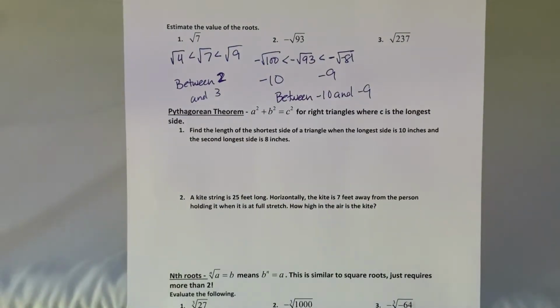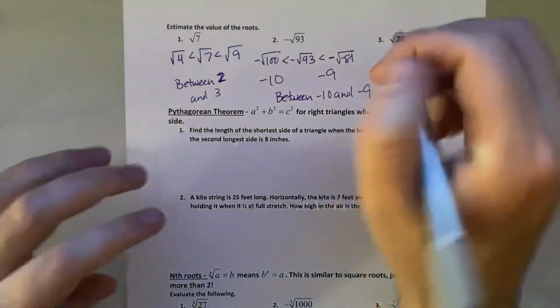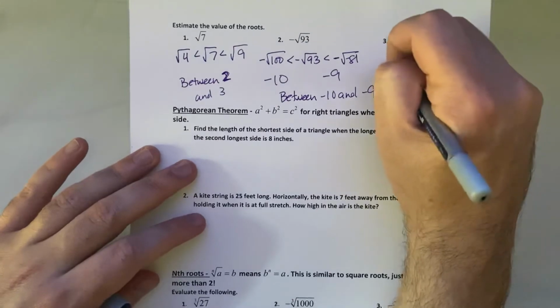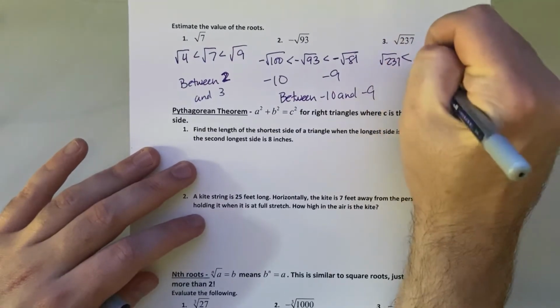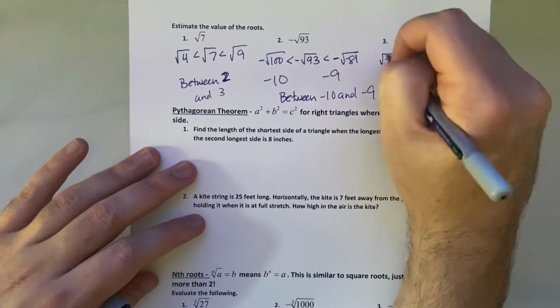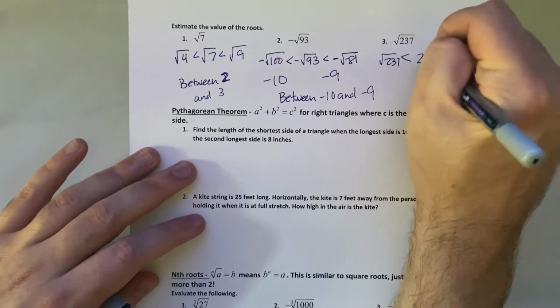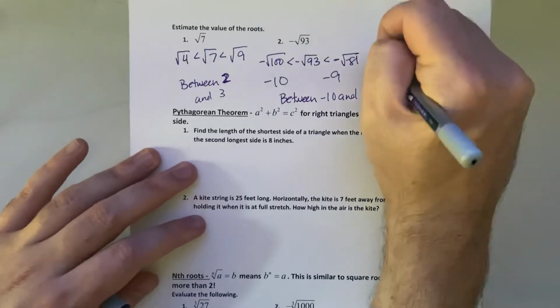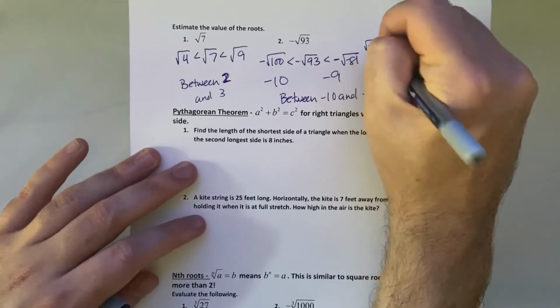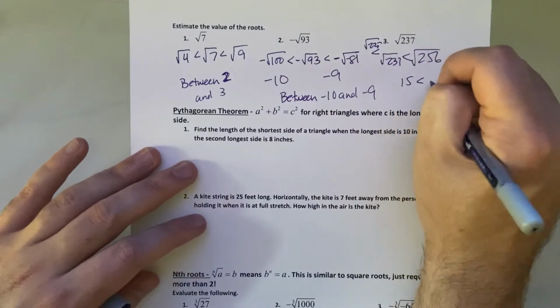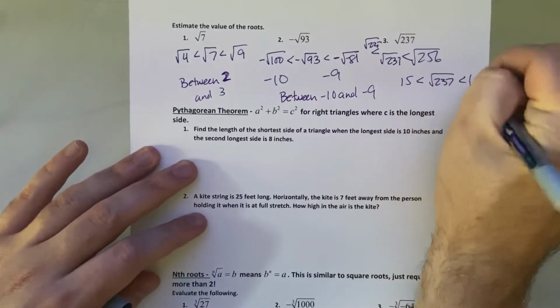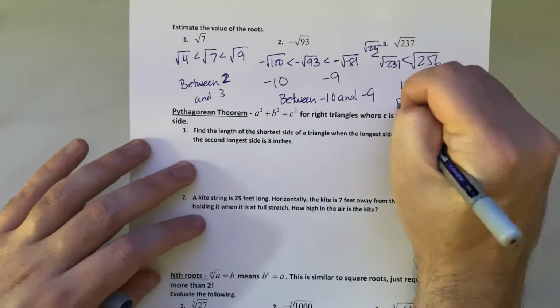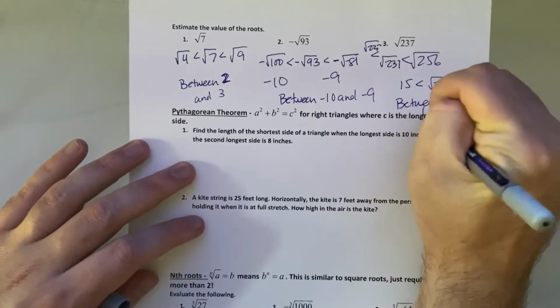Square root of 237 may be out of your wheelhouse, but it's greater than 225, but less than 256, which is actually 15 and 16. So between 15 and 16.